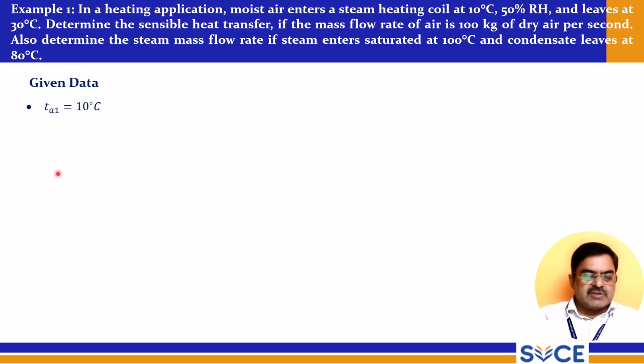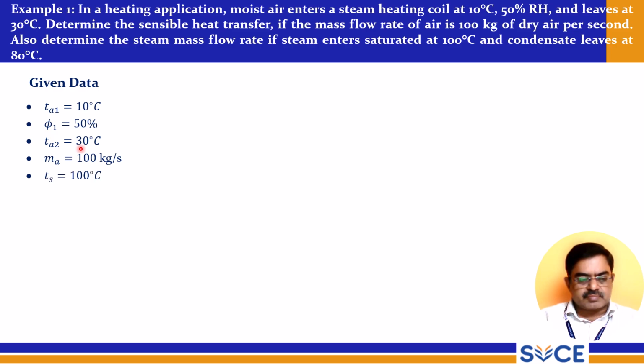So Ta1 is given, that is 10 degrees Celsius, and phi 1 is given, that is 50% relative humidity, and Ta2 is 30 degrees Celsius, and the mass of air is also given, that is 100 kg per second. Ts is 100 degrees Celsius and Tc is 80 degrees Celsius.